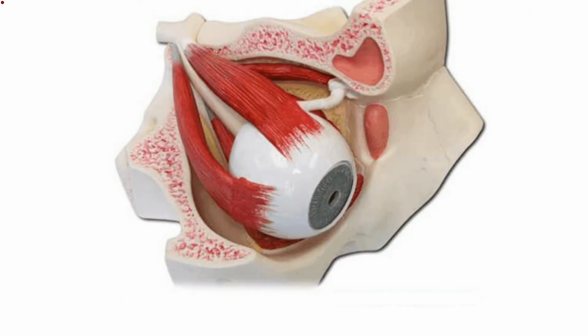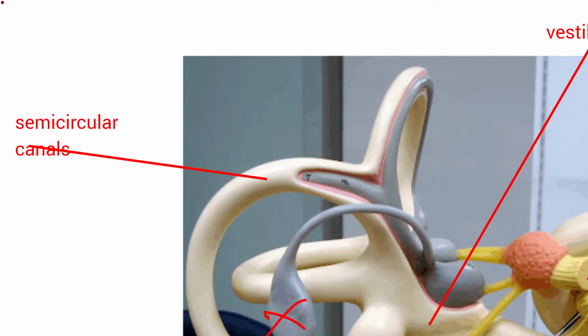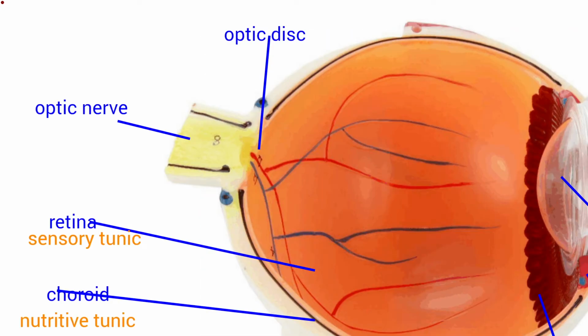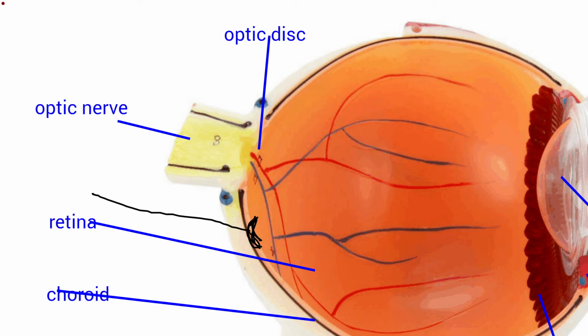Let me see. No, that's all external. Let's see. No. So this doesn't show it, but I'm just going to illustrate it myself. There would be a slight depression over here, and that would be the macula lutea.